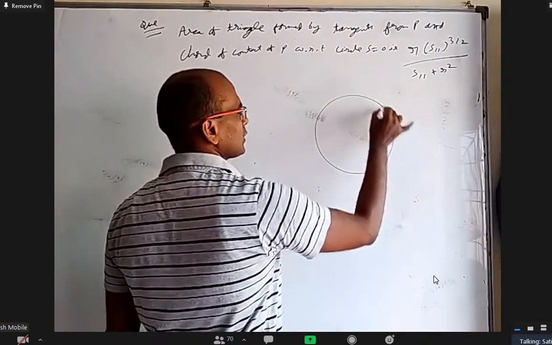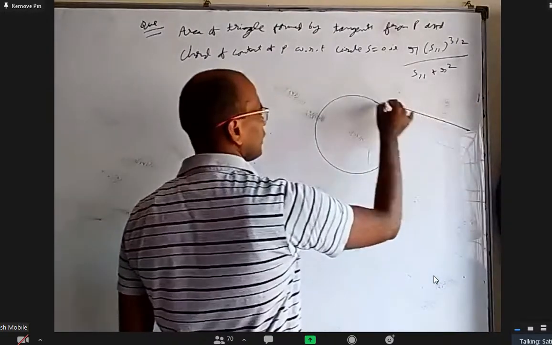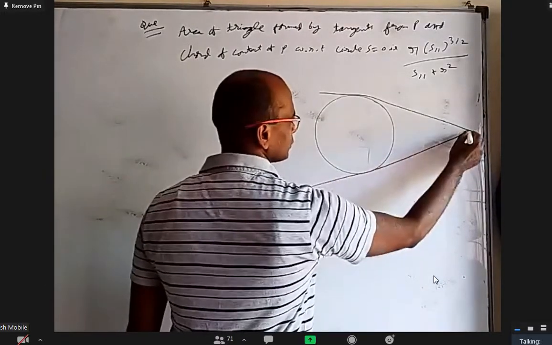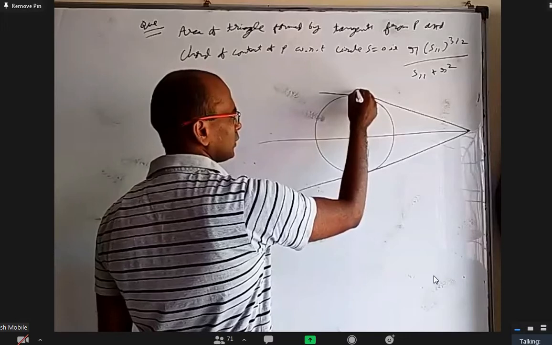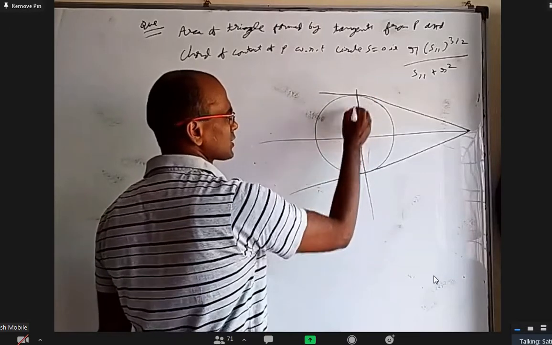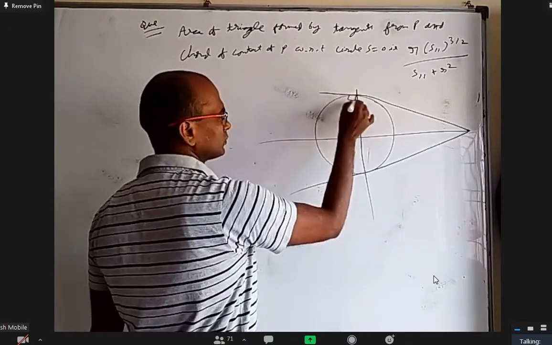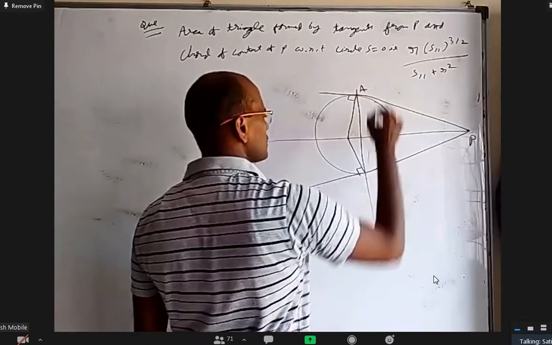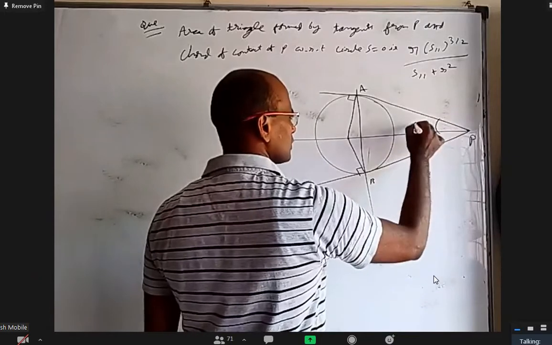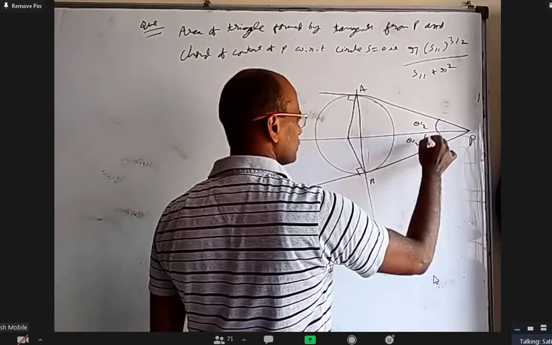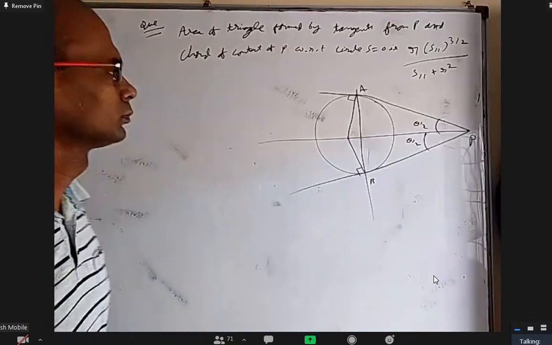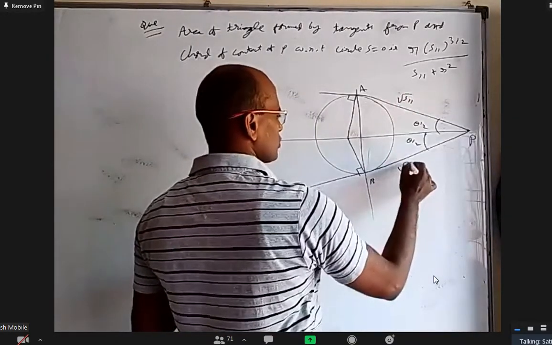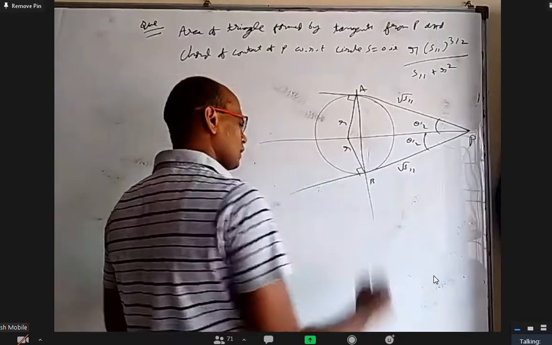Okay, so we have a circle, we have an external point, you can draw two tangents. This is the point of contact, this is the center. This is P, this is A, this is B, this is theta by 2, this is theta by 2. We know this is root S11, this is root S11.